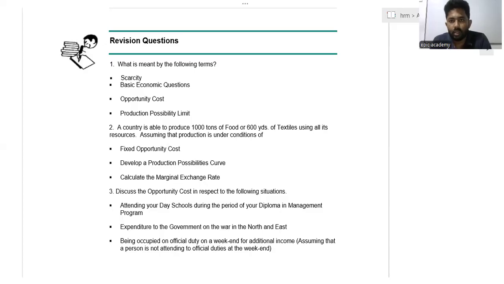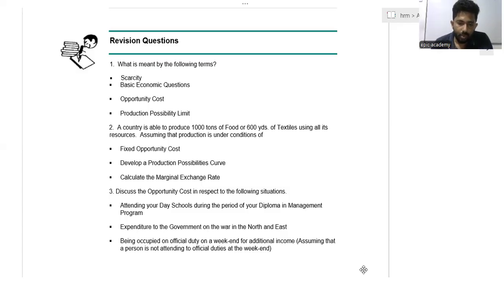Right. Okay, now I will explain scarcity and the basic economic questions, opportunity cost, and other things by using a simple production possibility curve. We call it the PPC curve.